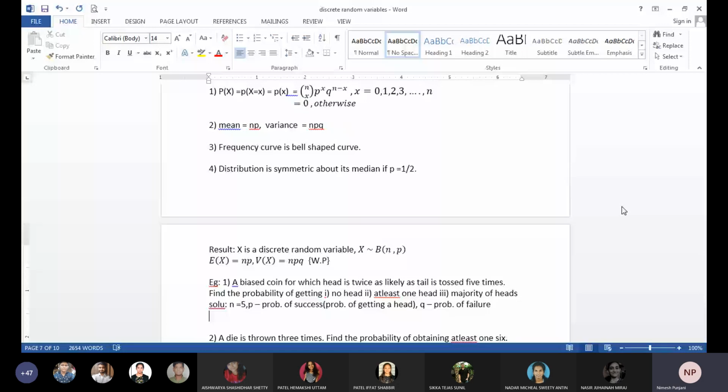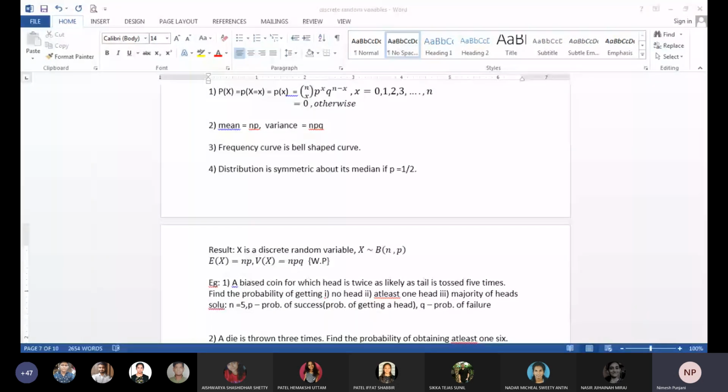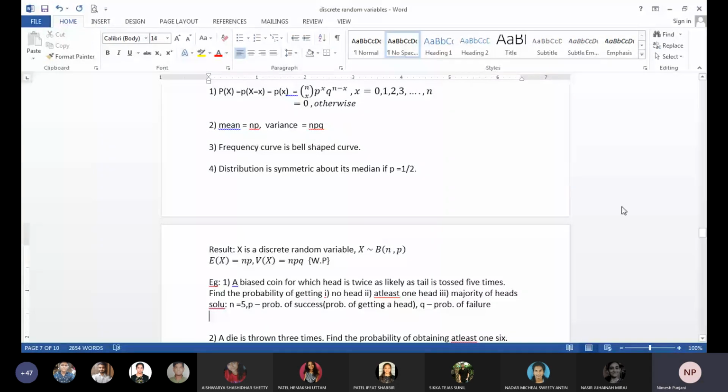Okay, these are the notations which we will be using. N is 5, P is the probability of success, that is the probability of getting a head. Q is the probability of failure, that means Q will be the probability of getting a tail.